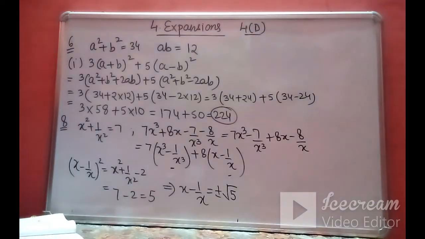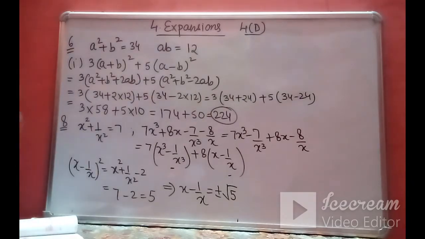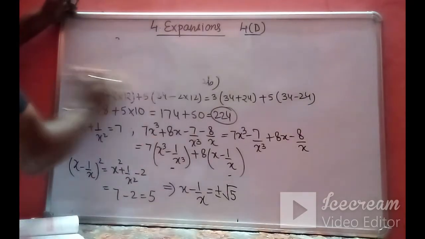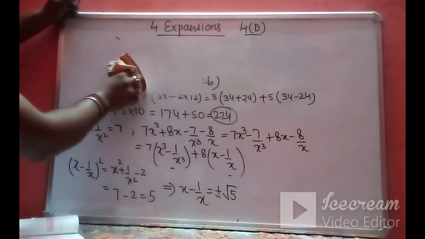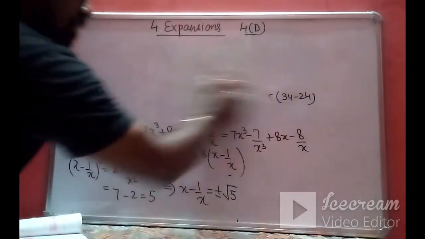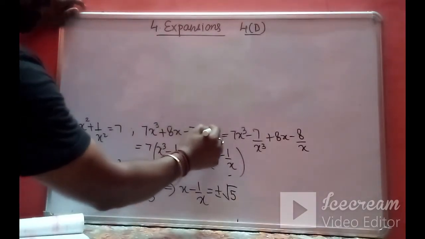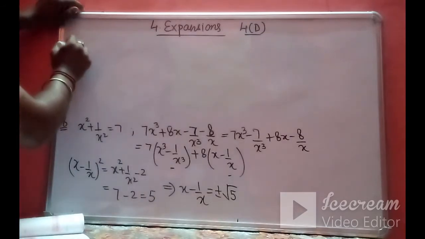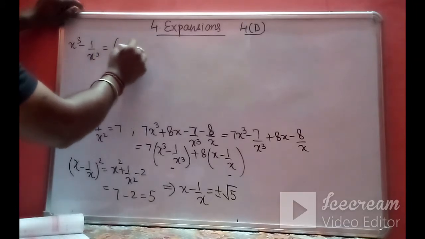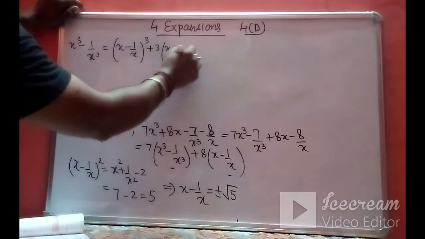Now to find the value of x cube minus 1 upon x cube, okay, so we will find the value of x cube minus 1 upon x cube. So x cube minus 1 upon x cube is x minus 1 upon x whole cube plus 3 into x minus 1 upon x.